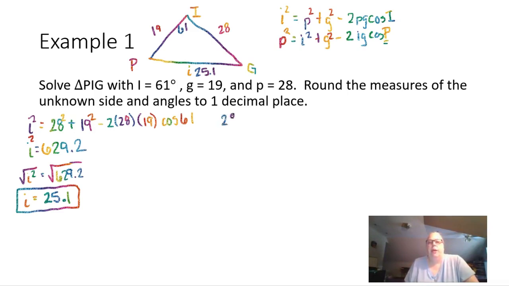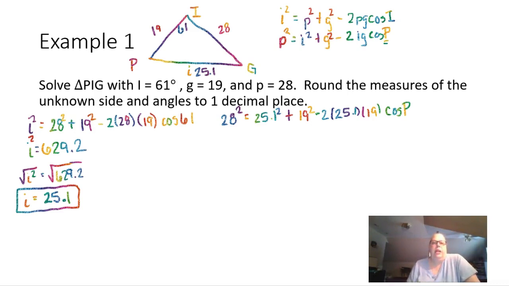We have P squared equal to I squared, this is the side we just found, plus G squared minus 2 times I times G times the cosine of angle P.